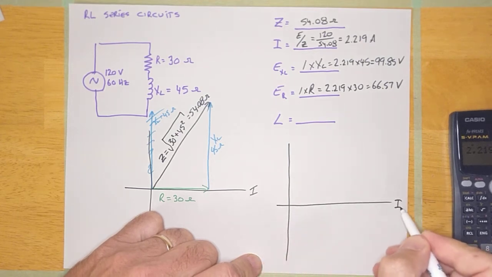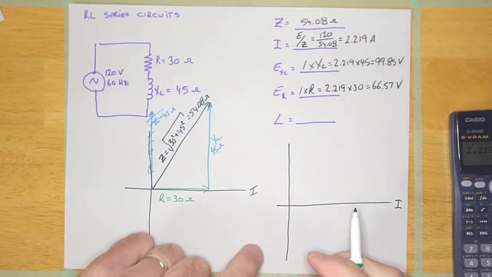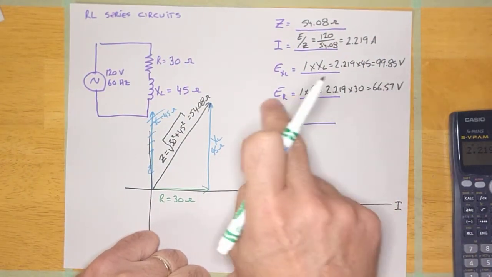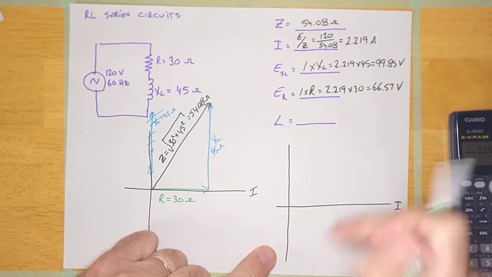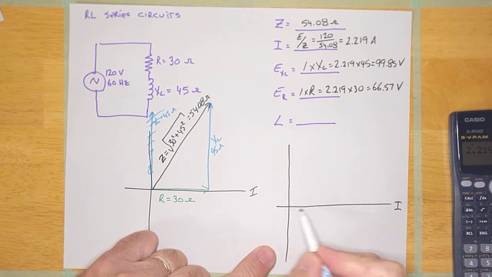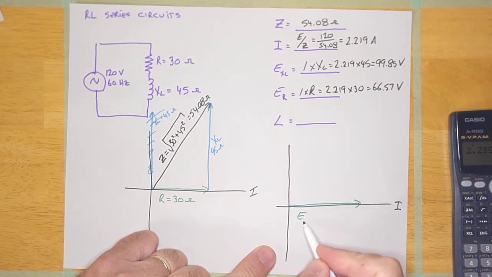And so once again, I'm going to draw a little phasor world here. And we're going to draw these two voltages as phasors with respect to the current. Now this is the resistor. The resistor causes the voltage and the current to be in phase. So if I were to draw that voltage, it would sit right here.